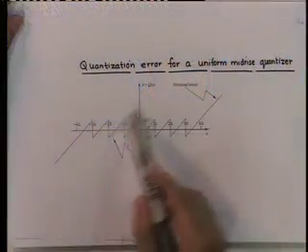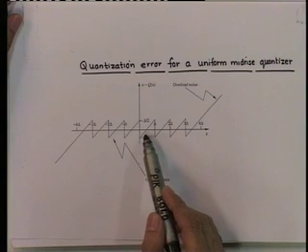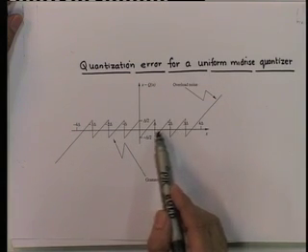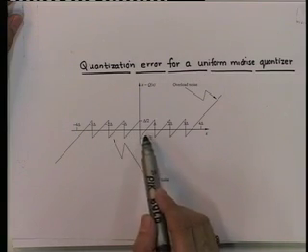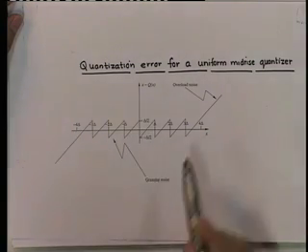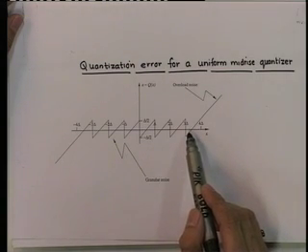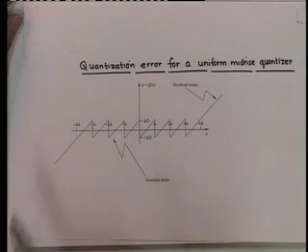From this figure we see that in the inner intervals the error is still bounded by delta by 2. However, the quantization error in the outer intervals is unbounded.